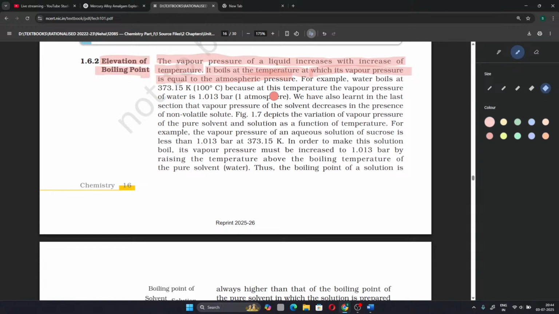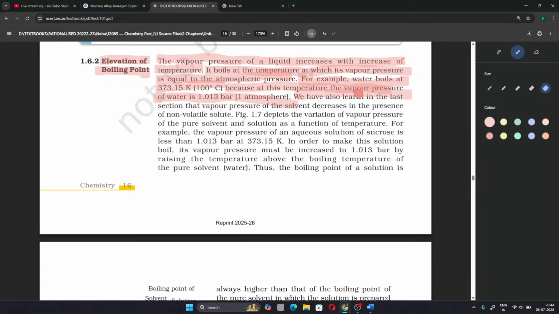It boils at the temperature at which its vapor pressure is equal to the atmospheric pressure. For example, water boils at 373.15 Kelvin because at this temperature the vapor pressure of water is 1.013 bar, basically 1 atmosphere.